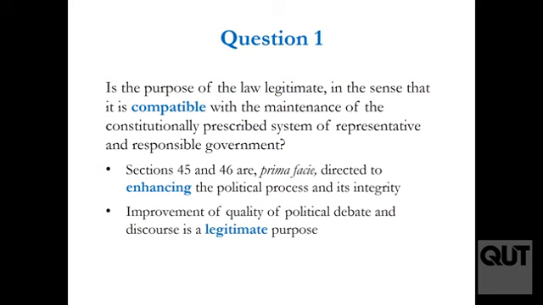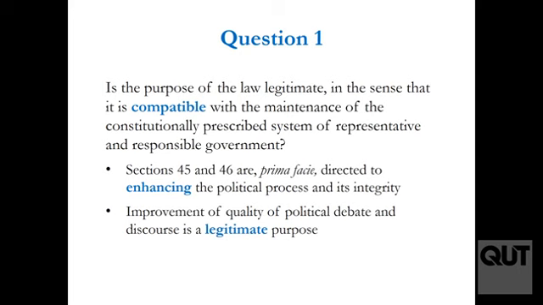So then we need to consider this next overarching issue. I call this compatibility testing for short, but we need to consider whether the purpose of the law is legitimate in the sense that it is compatible with the maintenance of the constitutionally prescribed system of representative and responsible government.